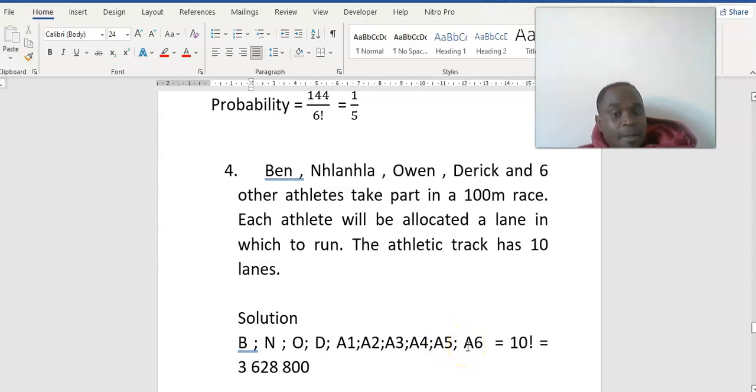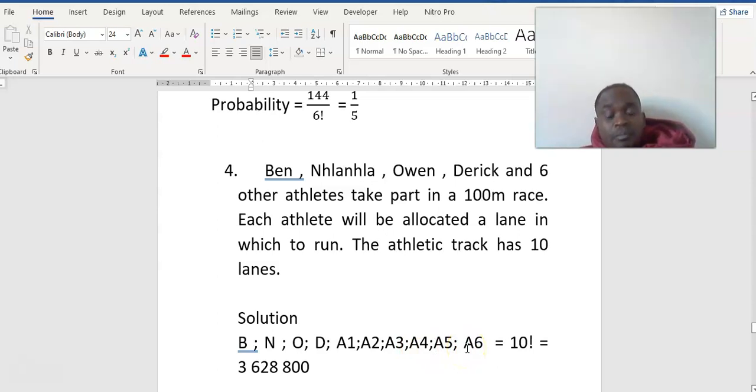Alright. Okay, but the lanes we have Ben, Nklankla, Owen, Derek, then 6 other athletes. Athlete 1, athlete 2, 3, 4, 5, 6.